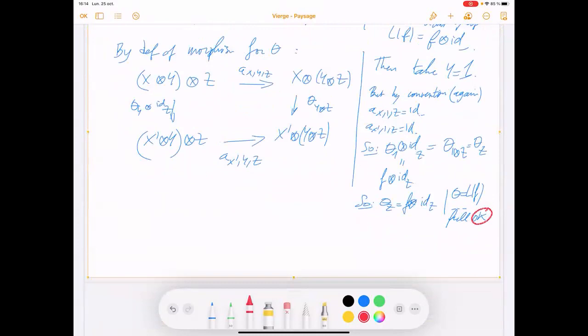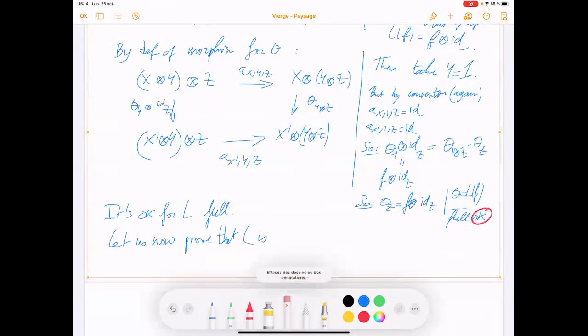Now it remains to prove it is faithful. Let us now prove that L is faithful.